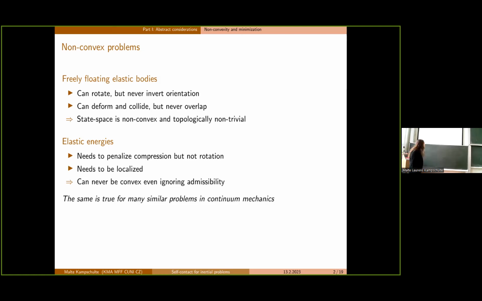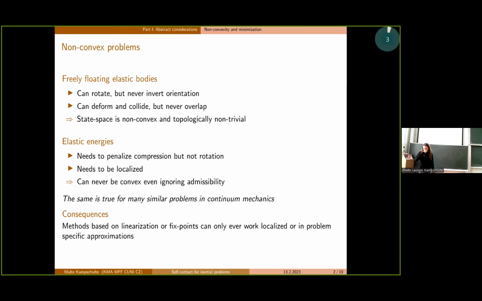This non-convexity for me is a key thing to lots of continuum mechanics, at least for solids. There are some fluids people sitting here who will tell me, no, fluid velocity is perfectly linear, but I would argue that the material derivative also gives you some problems there. But the point for solids is, if you want to use large deformations, then anything based on linearization or on fixed point methods can only ever work locally.